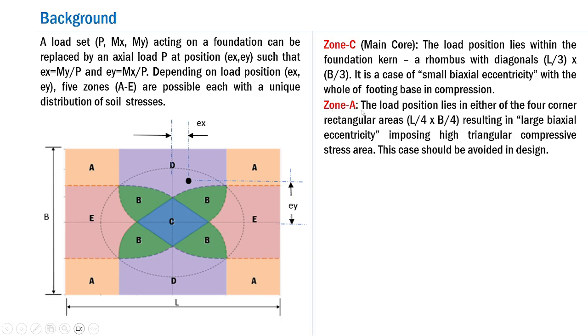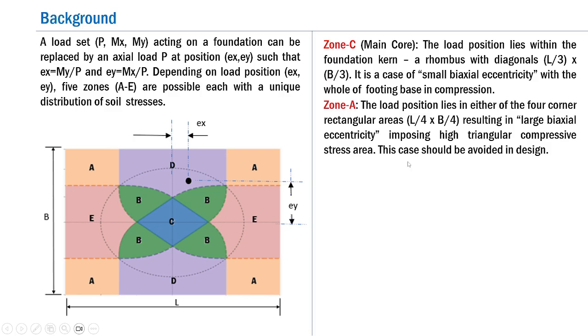Now next is zone A. As you can see, A is a corner zone and they are four in number. For this zone, the load position lies in either of the 4 corner rectangular areas, and the size of this area is L by 4 by B by 4. A load position in zone A will result in large biaxial eccentricity, imposing high triangular compressive stress area.